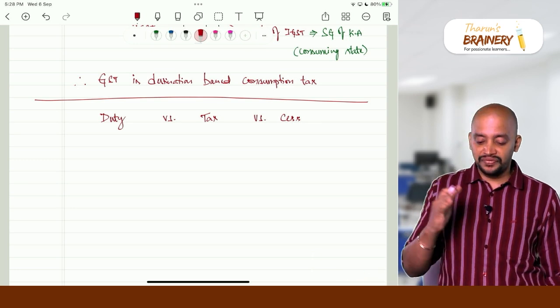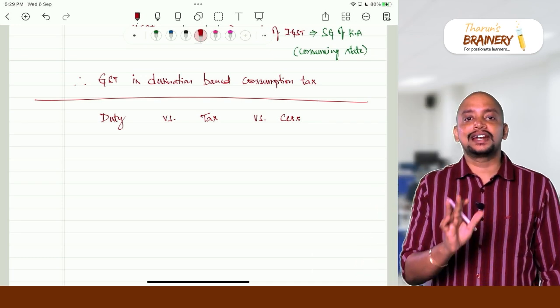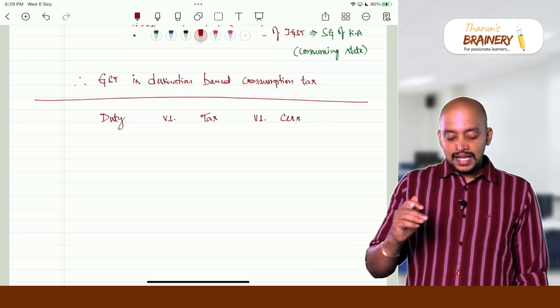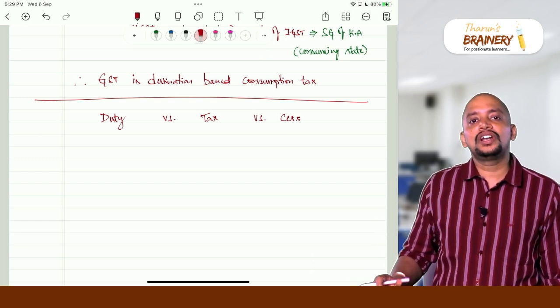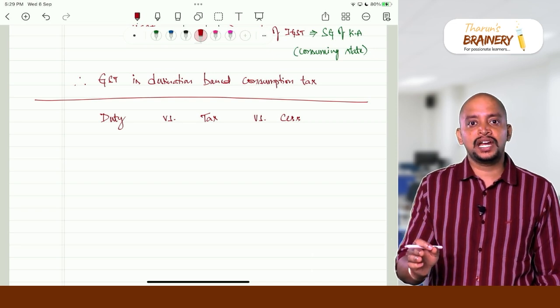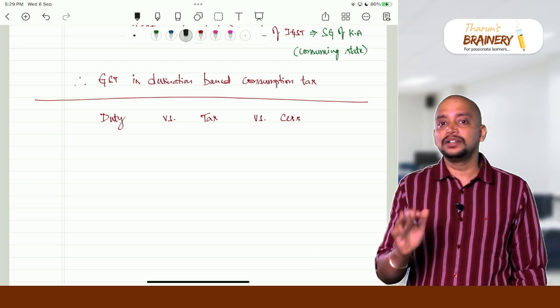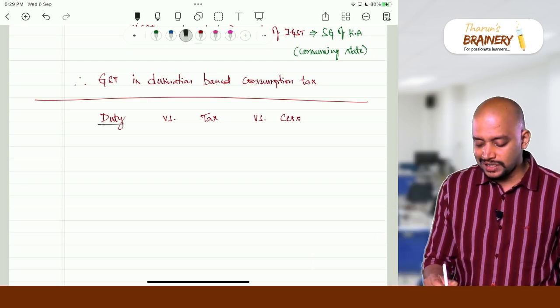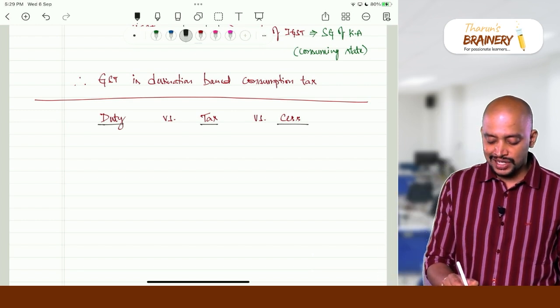So what is the difference between duty, tax and cess? All these three are collected by the government. Okay, I am giving you the general meaning of duty, tax and cess. So what is the general meaning?